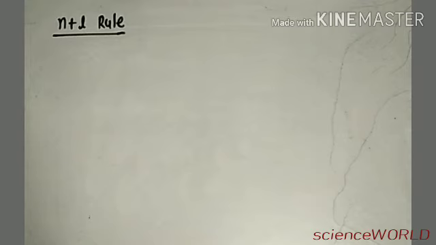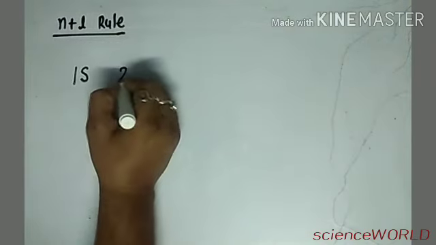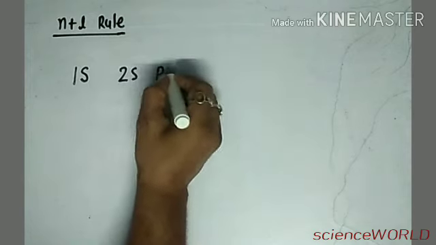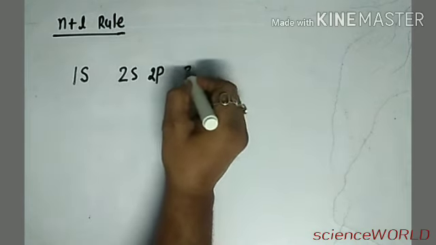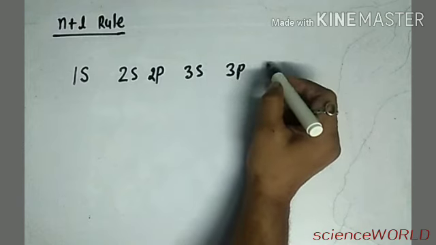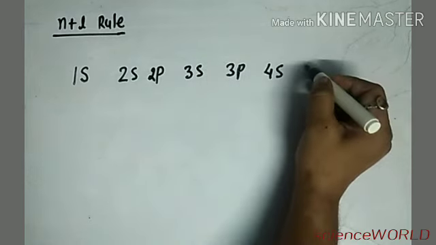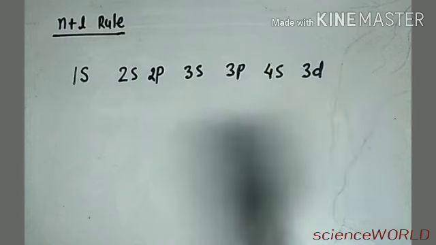If we talk about the n plus L rule, we can consider this particular series with respect to the Aufbau principle: 1s, 2s, 2p, 3s, 3p, then comes 4s, and then comes 3d.